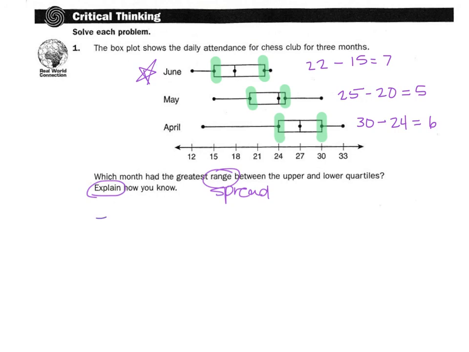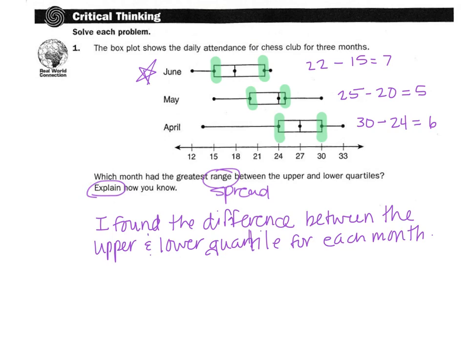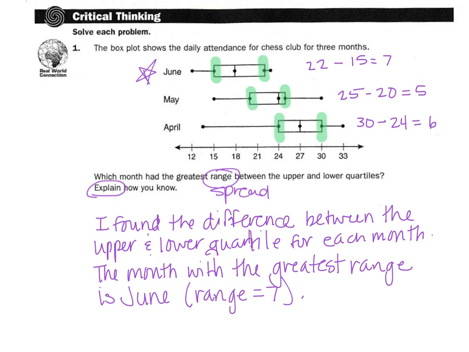Okay, so you can say, I found the difference between the upper and lower quartile for each month. All right, I found it a little easier to pause it and write it. So I found the difference between the upper and lower quartile for each month. The month with the greatest range is June. And I decided to add on range equals 7.